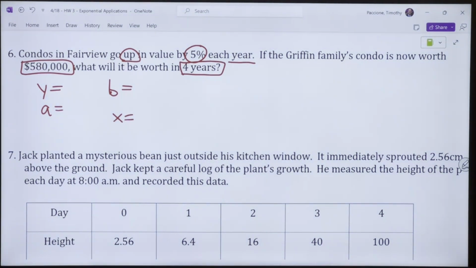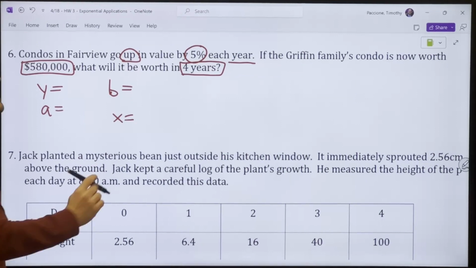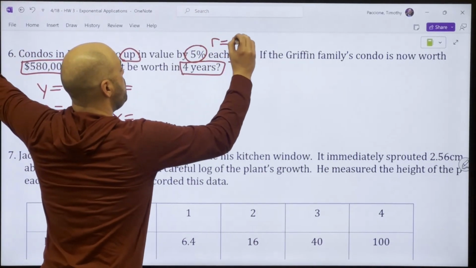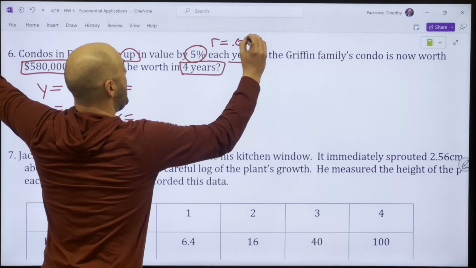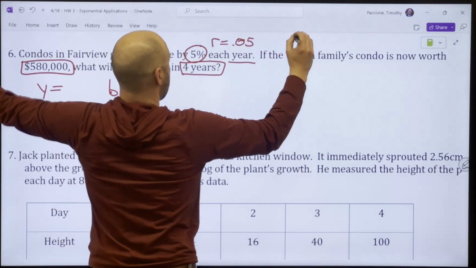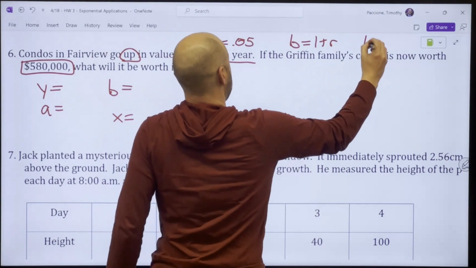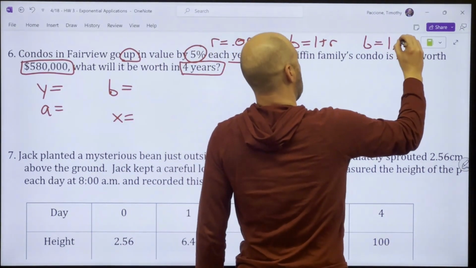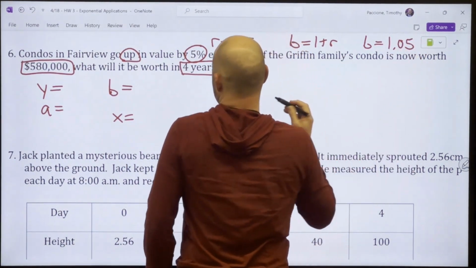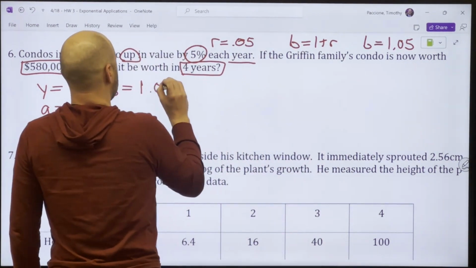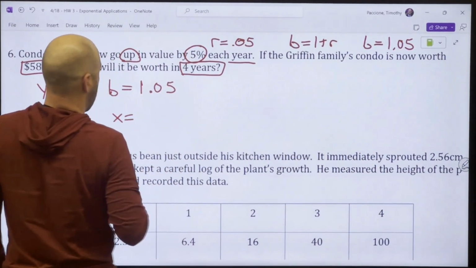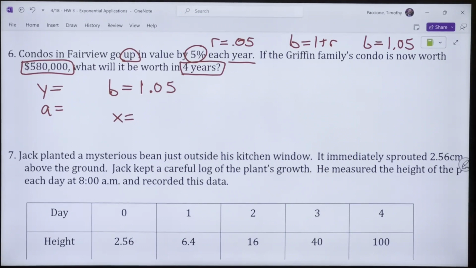All right, so 5%, what is that? Yeah, that's my rate of 0.05. And since this is going up, my B equals 1 plus my rate, and my B equals 1.05. Right? More than 1 makes things go up. So 1.05.